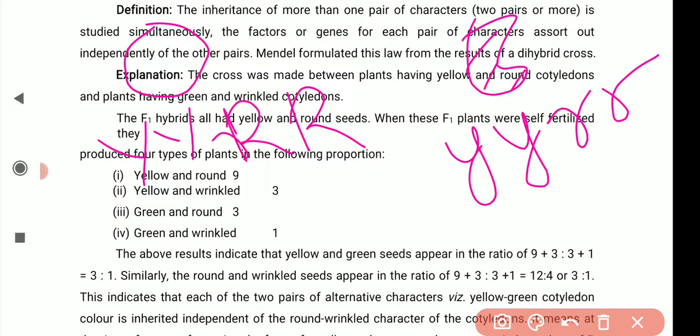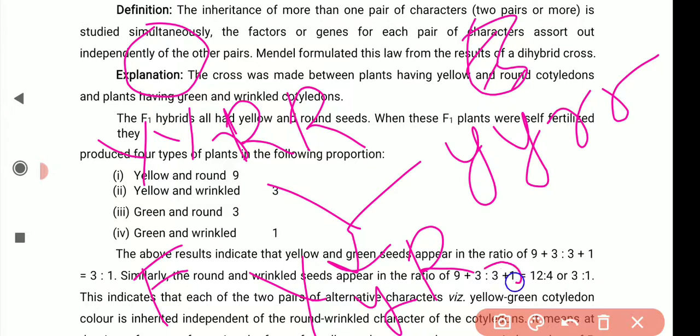So he made this cross, and in the F1 he found they were all yellow and round. Phenotypically they look yellow and round, but in their genotype they are heterozygous.